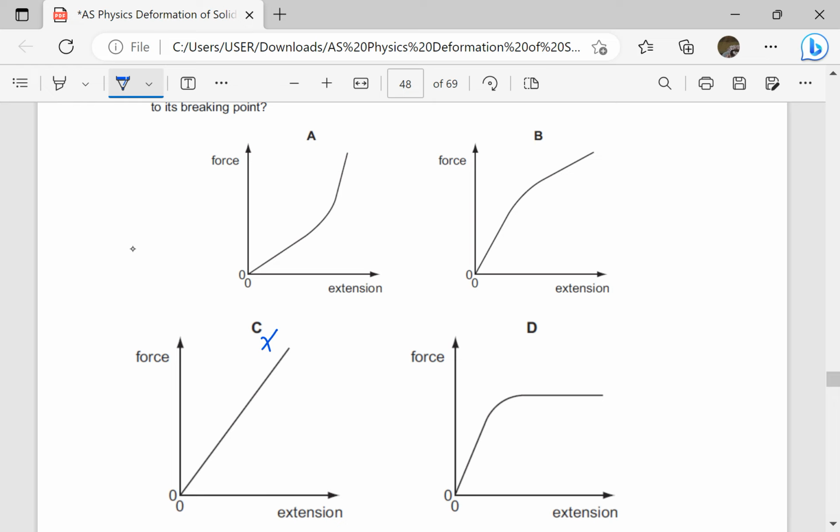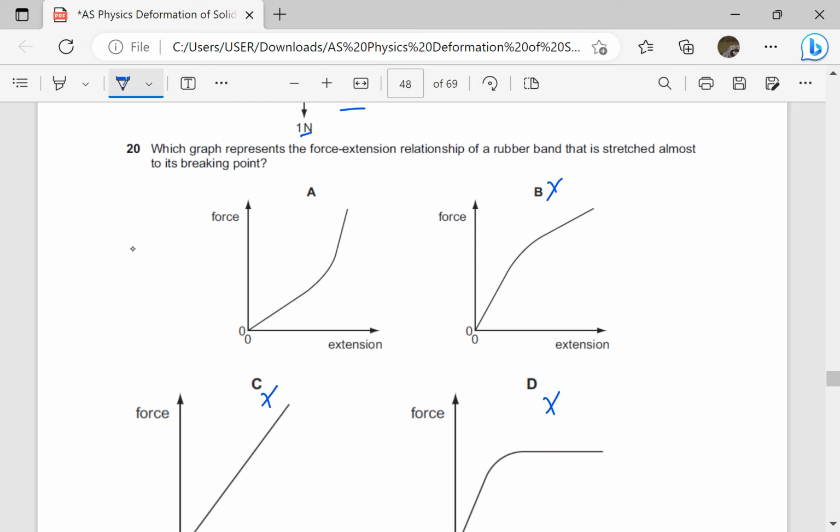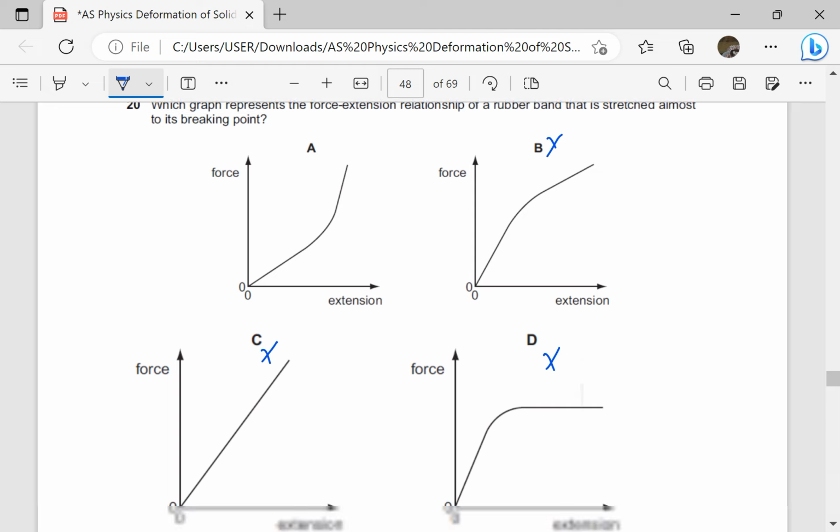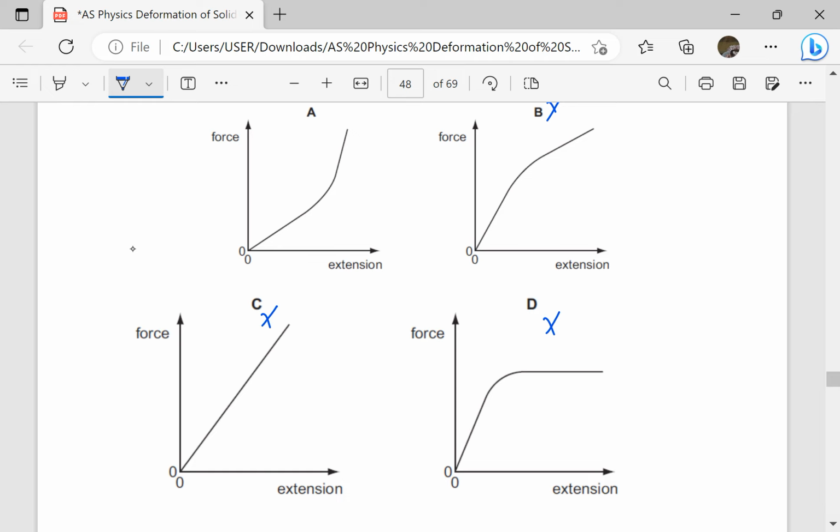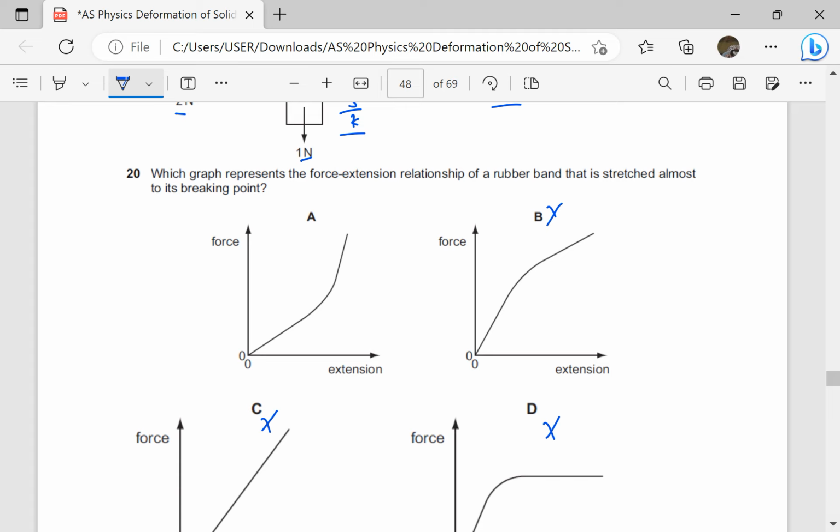Here, this one is a ductile material. Rubber band shows hysteresis. Here, it is almost the same. It is showing that initially Hooke's law is obeyed, then it is no longer obeyed, and then when there is no change in force, there is an extension that is automatically wrong.